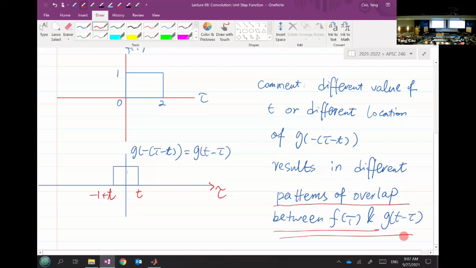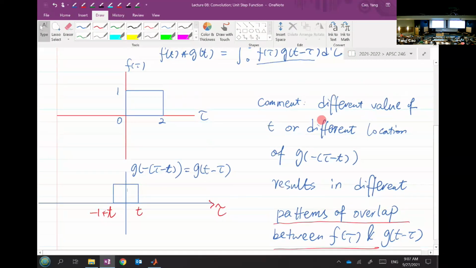So for example, let's take a look at what will be possible patterns of overlap. Let's just observe it first. I'm going to plot the g of t minus tau in the same graph as f here, just for illustration purposes.